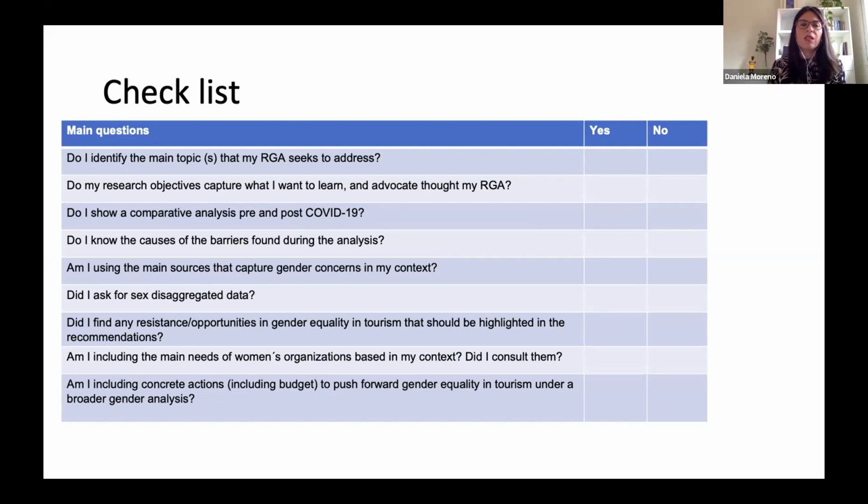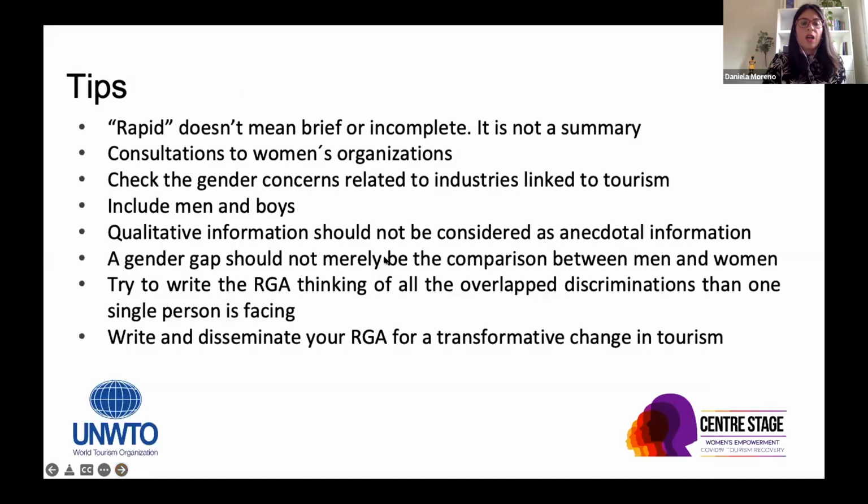Try to include in your rapid gender assessment a working plan, for example, a budget, and stakeholders that are going to be responsible to put the action into practice. So try to be very concrete with the actions that you are going to include in your rapid gender assessment in tourism.